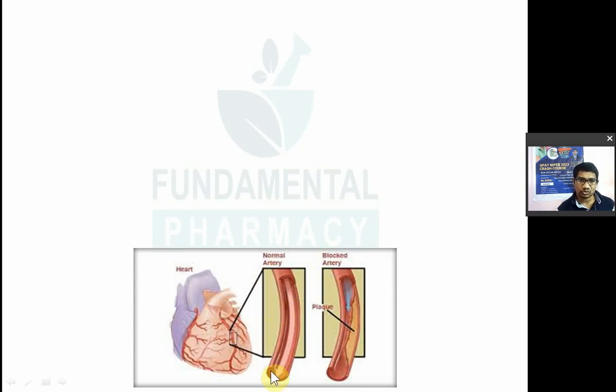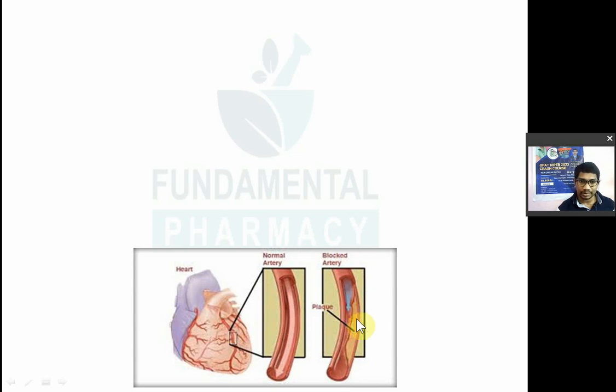There is no blockage, so this normal artery is able to supply blood to your heart as per the demand of your heart. Now if there is a deposition of a fatty layer or cholesterol in the artery, known as an arteriosclerotic plaque, as you can see in this diagram.